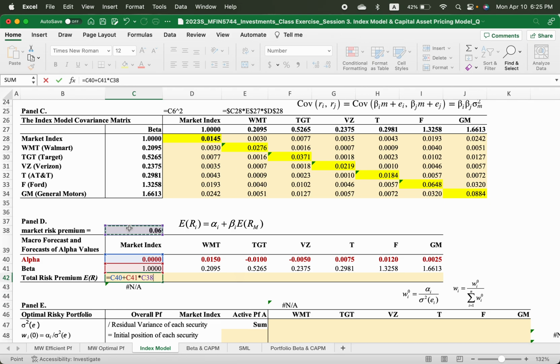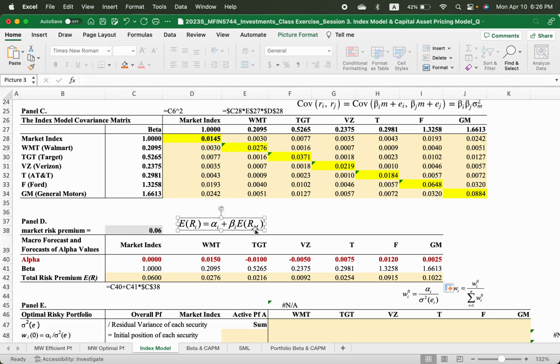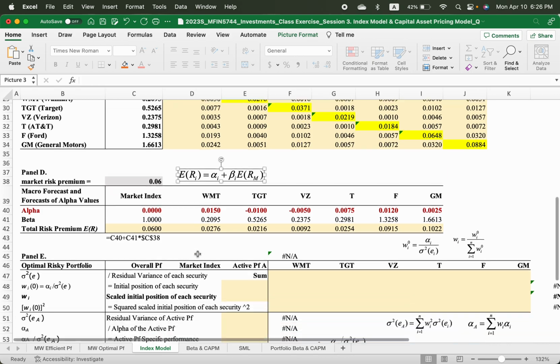And we want to fix this so that when I drag to the right, we got here the risk premium of the individual stock. The total risk premium of the market index itself is the market risk premium. Why? Because there is no alpha, and the beta is just 1.